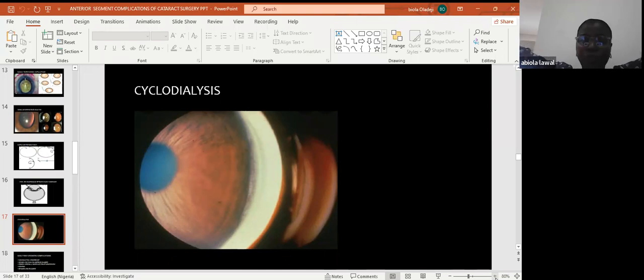You can have choroidal effusion, you can have hypotony maculopathy just from that. So when it is very significant, it should be repaired. It can be repaired transsclerally, and there's also the use of laser. Argon laser can be applied to the cleft if it is mild or moderate, and that will cause fibrosis and then close up the cleft.